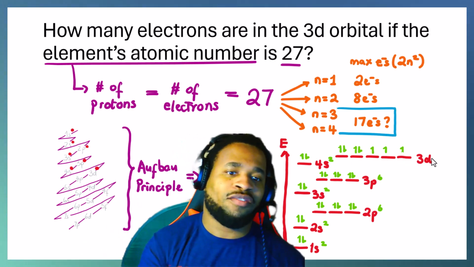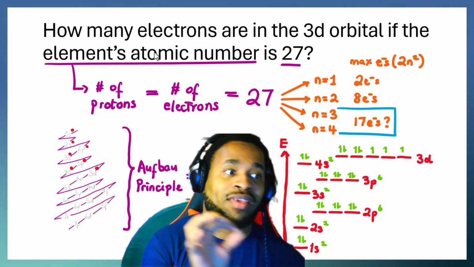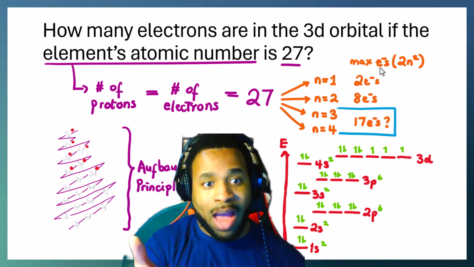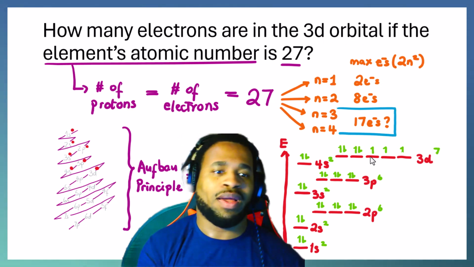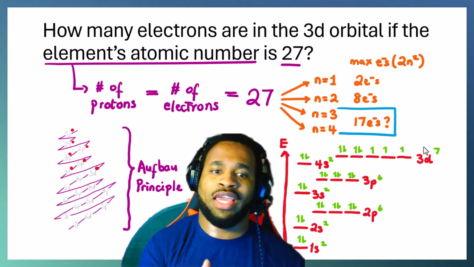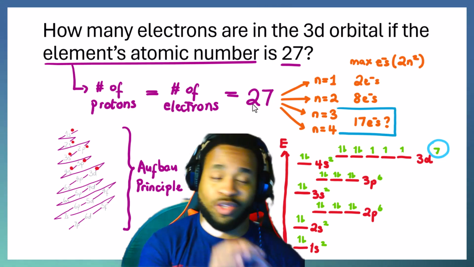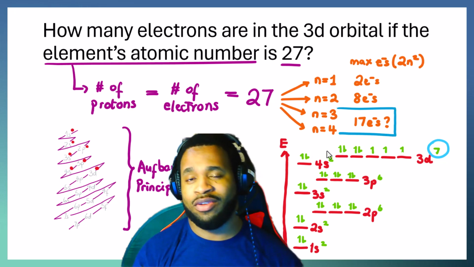So therefore the 3d orbital for the element with atomic number 27 has a number of electrons equal to 7 when you count what you have right here. So this is the final answer to this question, which requires pretty much 4 steps to accomplish.